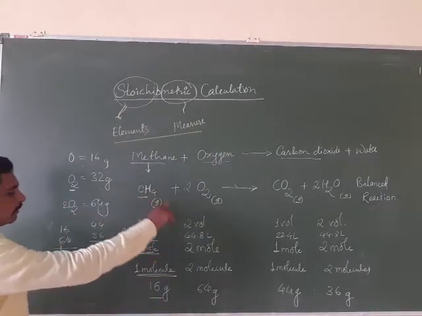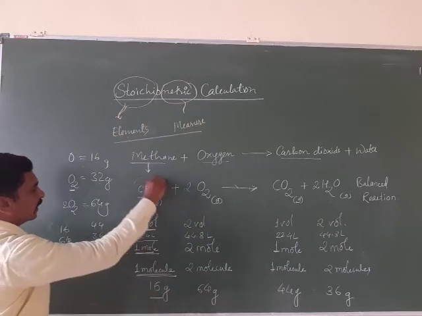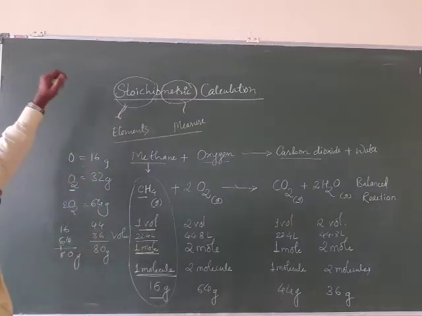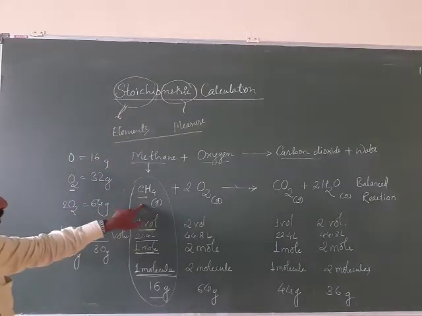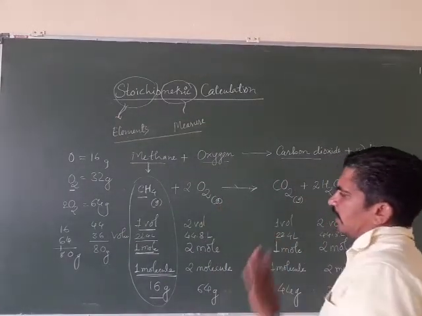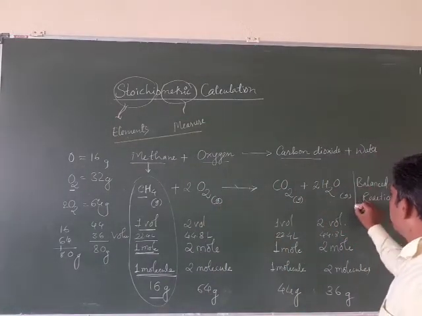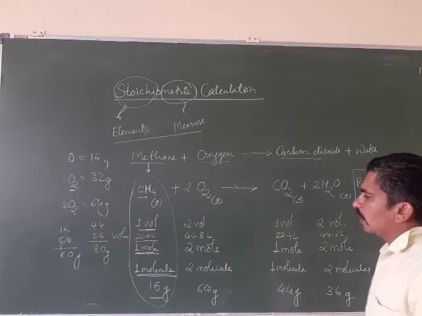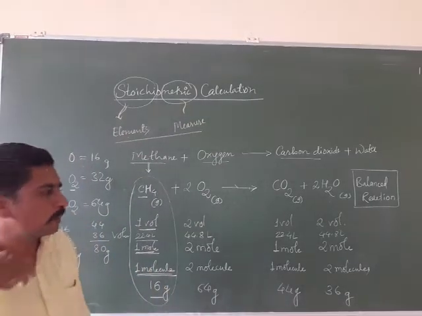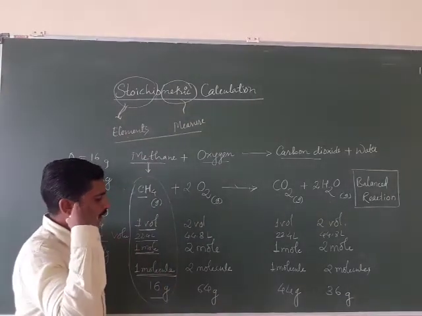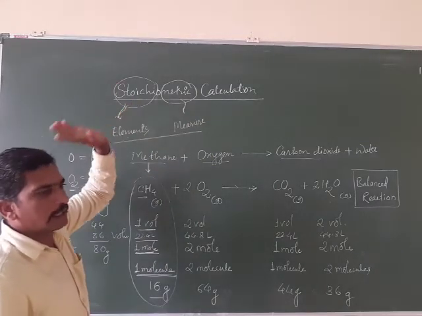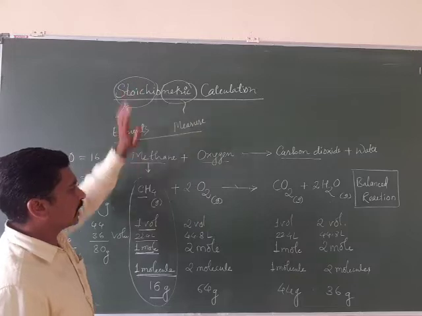Now whatever we are doing over here, the measurements in the balanced chemical equation in the form of volume, number of moles, number of molecules, or mass, is nothing but a stoichiometric calculation.